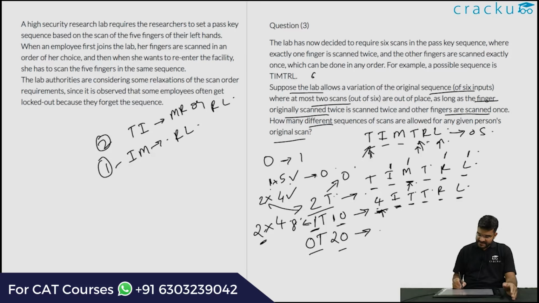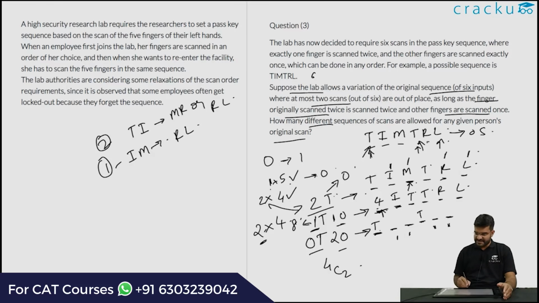Now let us select the option where both the thumbs are correctly in place. So the first one has to be thumb T, and the fourth one also has to be thumb T. Now out of these remaining 4 fingers, 2 of them are exactly out of place and 2 of them are exactly in place. Now selecting which two fingers are out of place can be done in 4C2 ways.